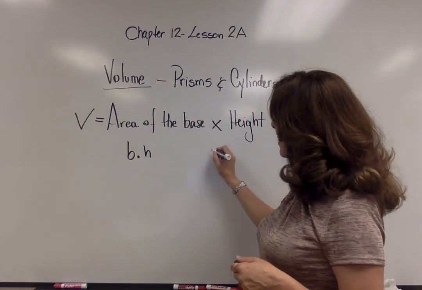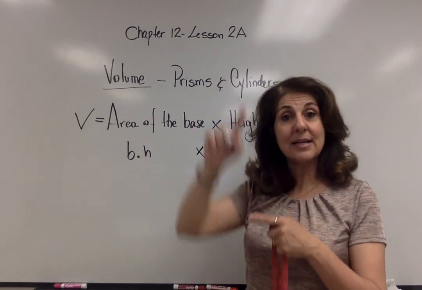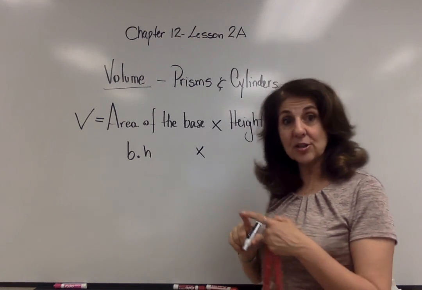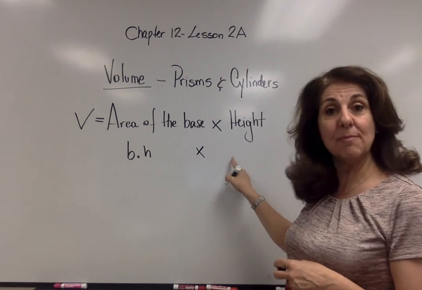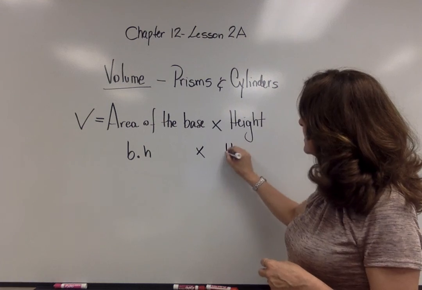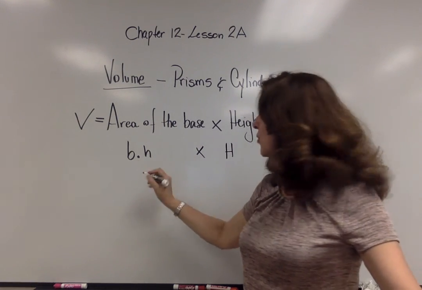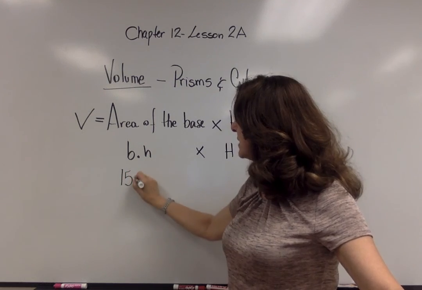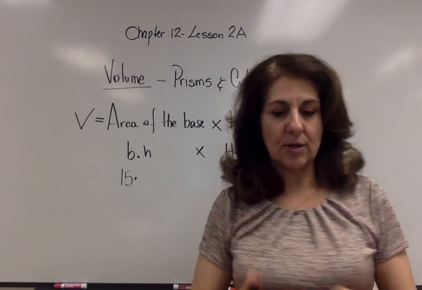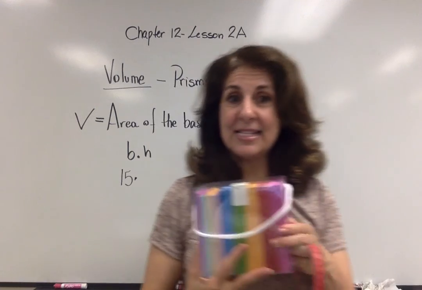Then I'm going to multiply this by the height of the geometric figure, which I will measure in a little bit. This is H for height. I already measured 15 for the base, so this is 15 times, and I'm measuring again.